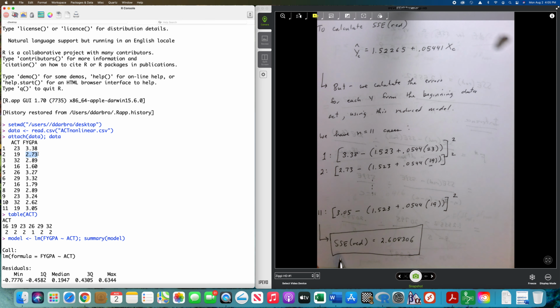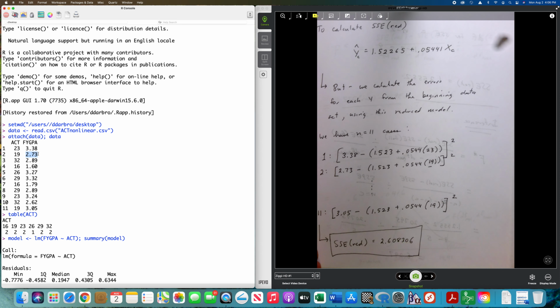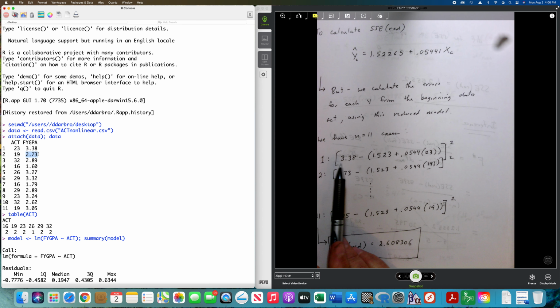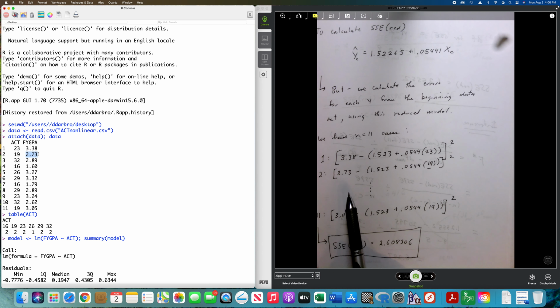So once we add all these up, I end up getting 2.608 as the sum of squares for the reduced model. And this is a tedious calculation. I didn't want to do this in a video because it took too long. It took me probably 20 minutes because, again, I was so afraid of creating a typo.